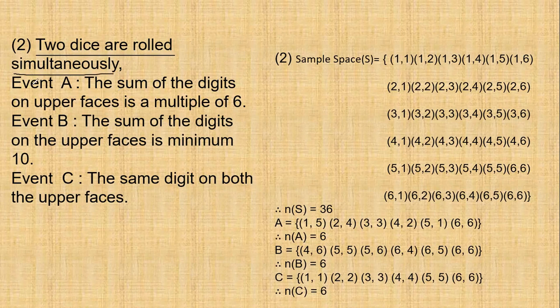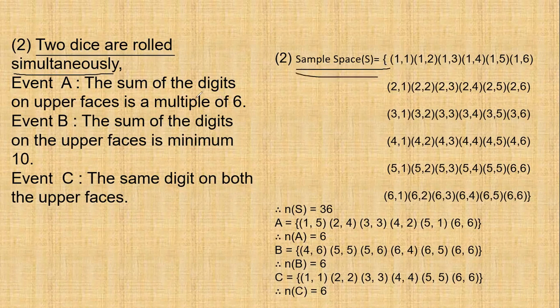Event A: the sum of the digits on the upper face is a multiple of 6. So first write down the sample space of 2 dice: 1,1, 1,2, 1,3, 1,4, 1,5, 1,6, like that you can write till 6,6, which we already saw in the last part of this chapter. So first you write the sample space.